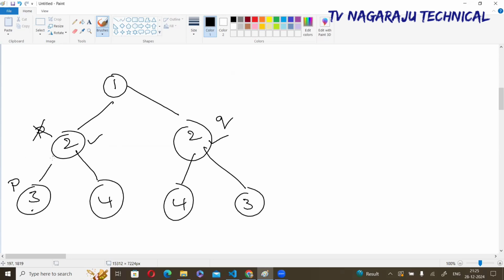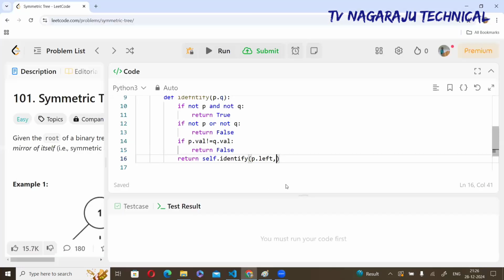Now I am comparing this. What is this one? P dot left. In the next iteration, I need to compare this one with its mirror image, with this one. What is this one? Right. So you got it: p dot left comma q dot right.